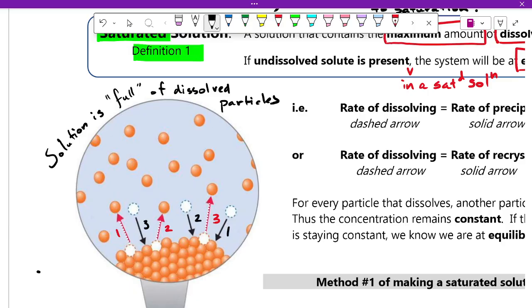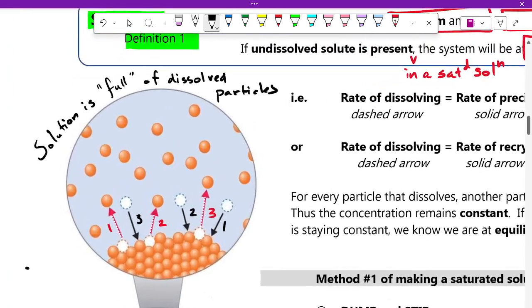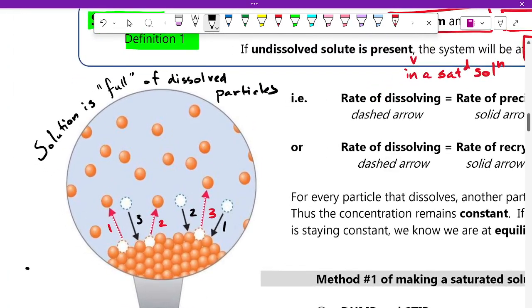I wrote 3, 2, 1. I could have written 1, 2, 3. That would have made more sense, but there we go. Yes? So the rate of dissolving is equal to the rate of recrystallization. And what's going to happen to our concentration in this situation? Concentration stays the same.